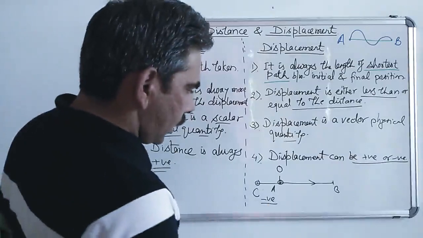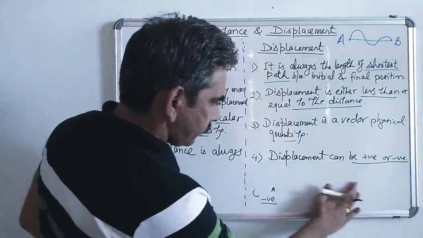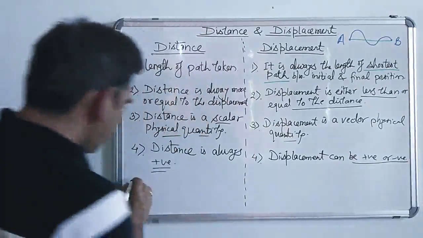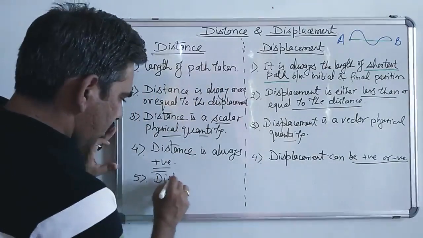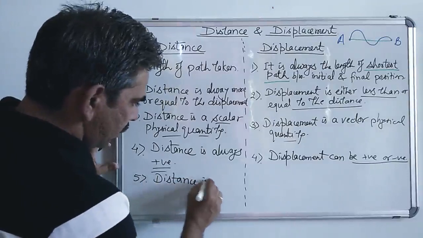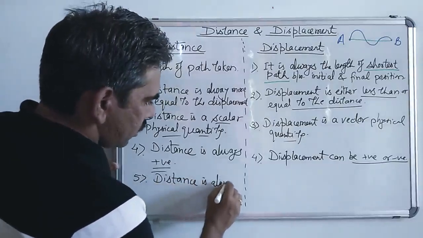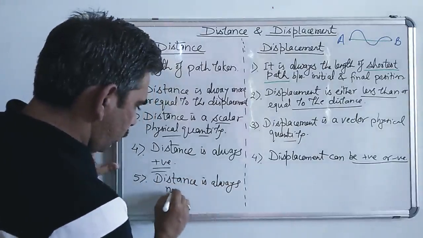And the displacement can also, interestingly, be zero. Let me sum it up in the fifth point. Distance is always non-zero.